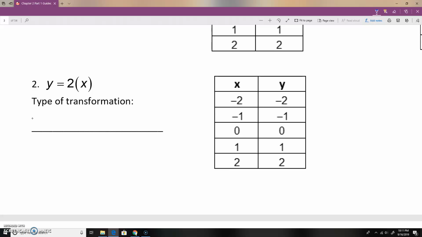If we look at example 2 here, well, 2 is outside the parentheses. The value outside the parentheses is our a value. A gives us a vertical stretch or shrink. In this case, it's a value of 2. Anything greater than 1 is going to give us a stretch of 2.